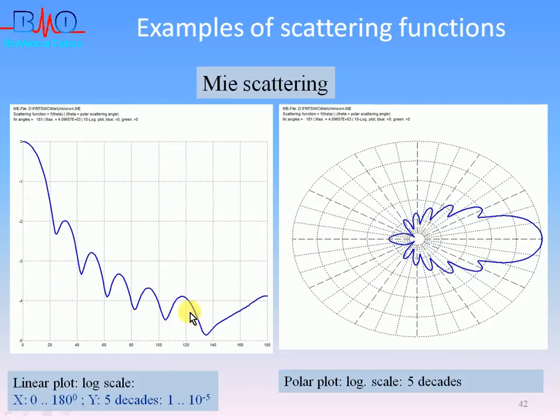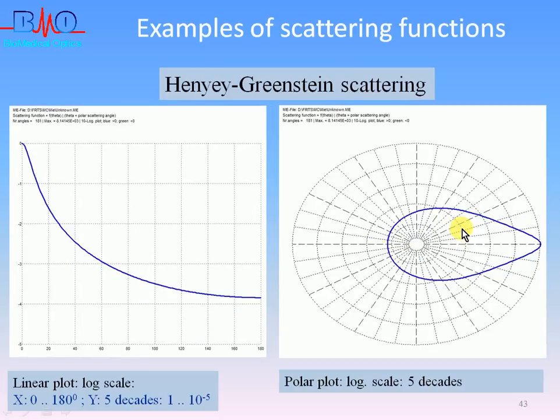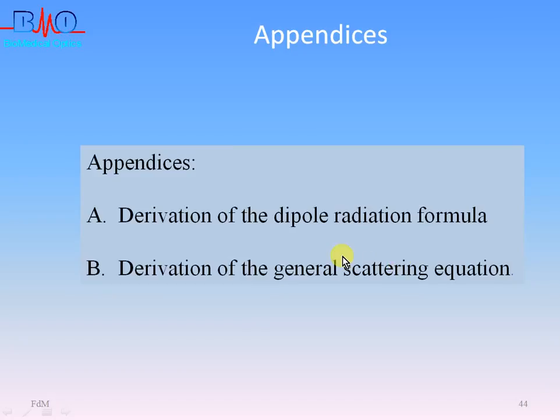Mie scattering also has those sharp peaks, but not as sharp as Rayleigh-Gans, since the particles are larger and the sharp destructive interference will be smeared out a bit. And here is the polar plot. And Henyey-Greenstein resembles the Mie scattering but flattens out all those wobbles. And here is the polar plot. And now we go to the appendices, but that is in movie 2.